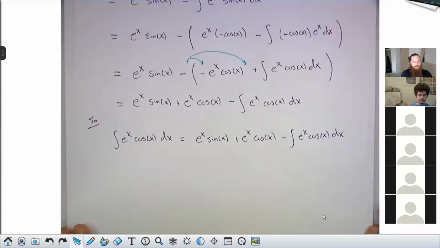This step kind of feels magical because the answer is about to fall out. It's just going to happen, and it's not going to be the result of a calculus process. It's going to be the result of an algebra process.